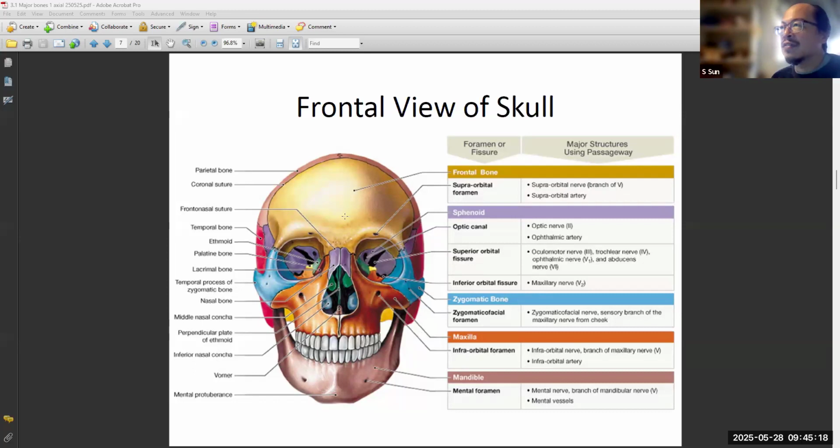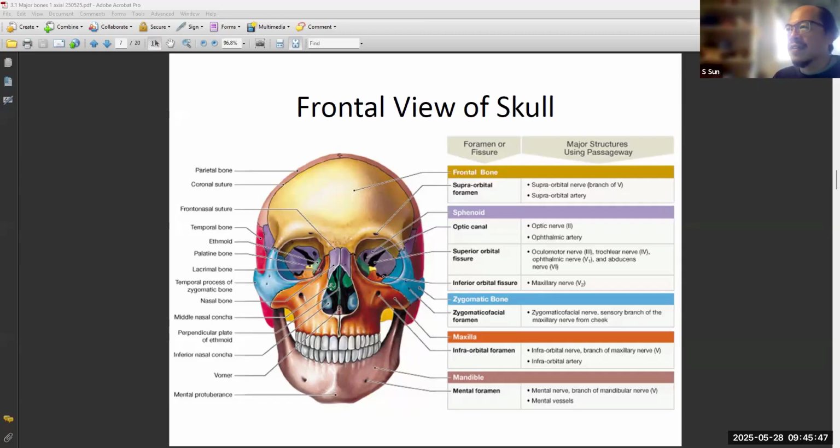So for example, frontal bone, nasal bone, maxilla, the zygomatic, the temporal, parietal right here, mandible. So bones are pretty easy. This is the vomer, so it's down there, but more interior.